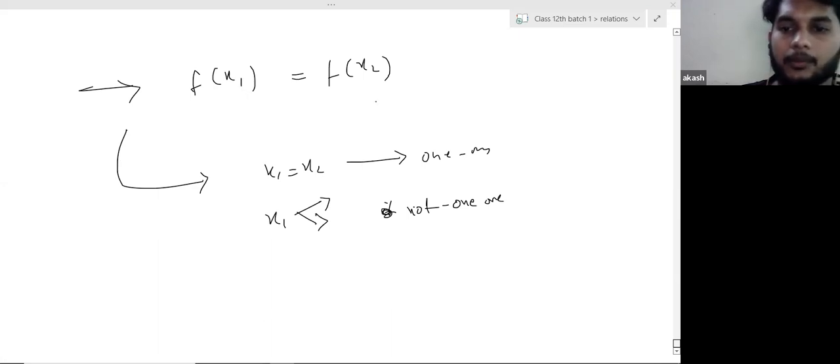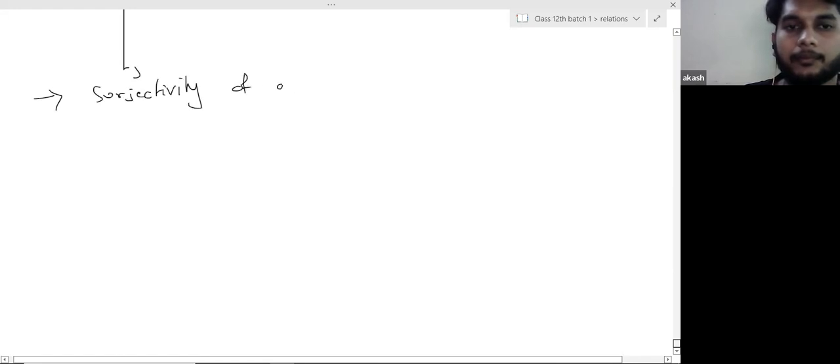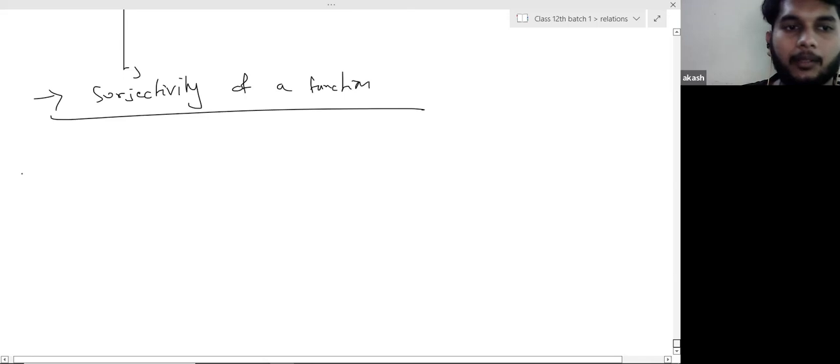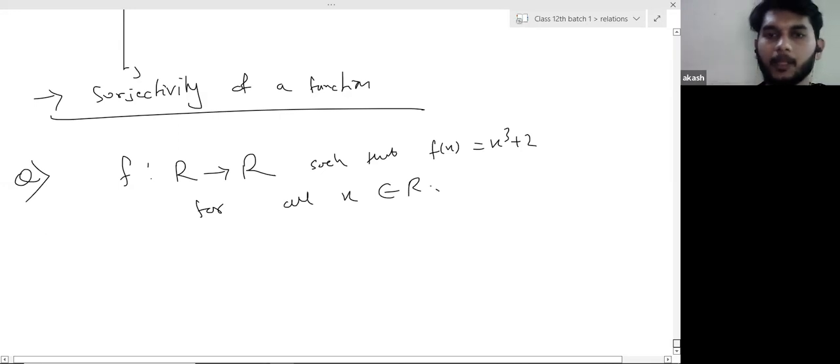All right. So now we are going to learn how to check onto or surjectivity of a function. Suppose I have given you a function from R to R such that f of x equals x cube plus 2 for all x belongs to R. Suppose I gave you this function and I ask you what is the surjectivity of the function.